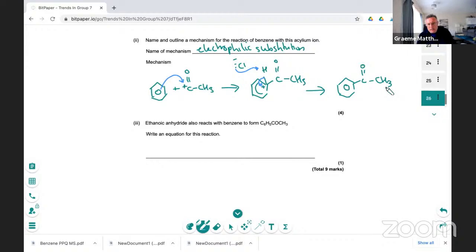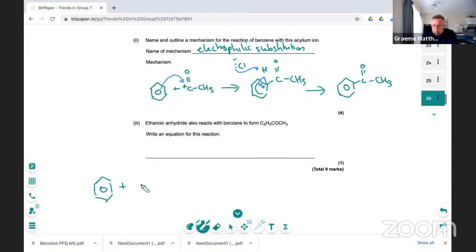All right. And the ethanoic anhydride also reacts with benzene. So the equation then, this one. Now, the reason I put this one in is a little review of what we did last week. When we looked at the acylation reactions, we did acid chlorides and we did acid anhydrides.